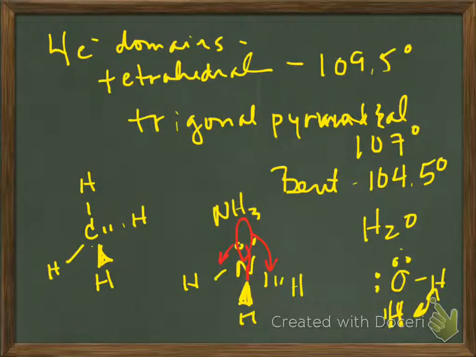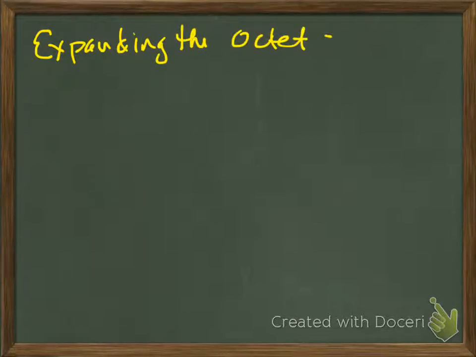Okay. So those are really the structures that are going to obey the octet rule. Fairly quickly, we're going to go through expanding the octet. These, I think, are easier to see in 3D, so please ask me in class. I will be more than happy to build them.